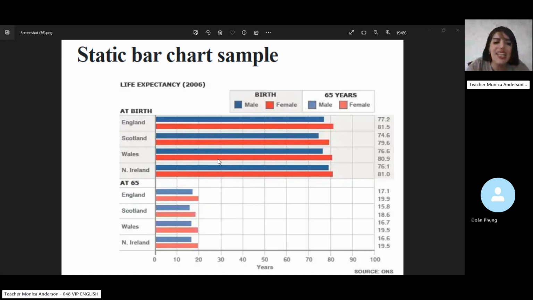So in 2006, regarding, for example, male life expectancy from birth, the highest was from England and reached, for example, 77.2. And almost an extra 2 years over the lowest, Scotland, for example, at 74.6.